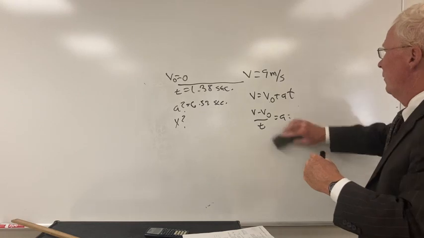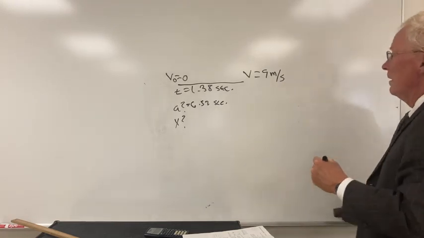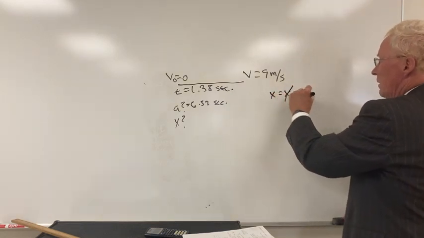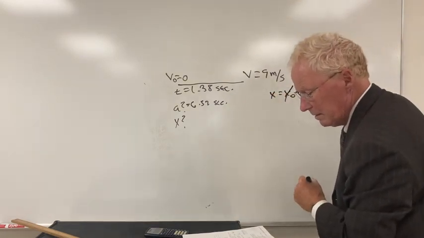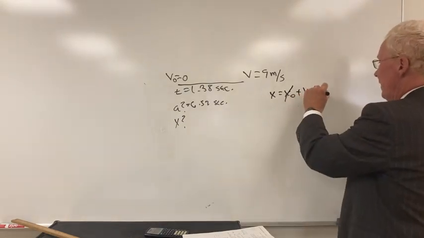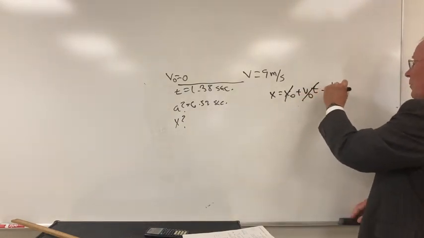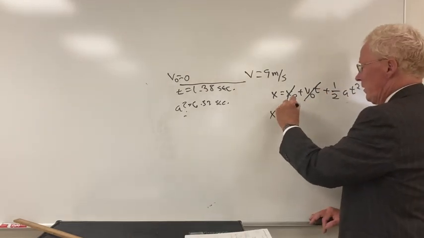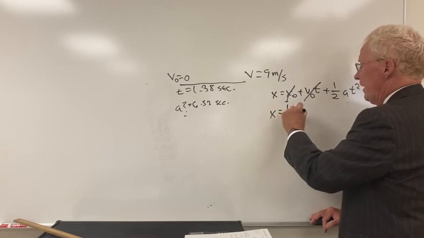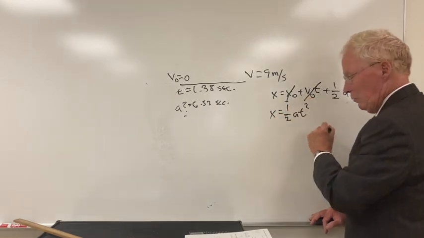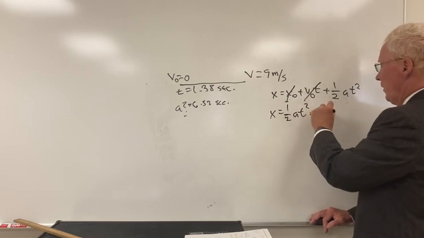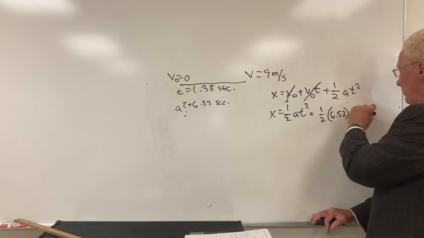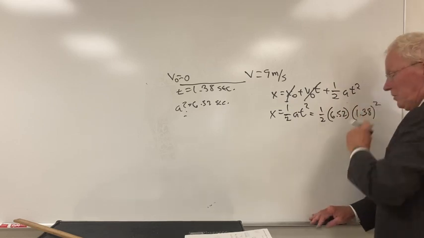To find X, X would be X naught, which is 0, plus V naught T, which is also 0, plus 1/2 AT squared. So X is 1/2 AT squared, which is 1/2 times 6.52 times 1.38 all squared.